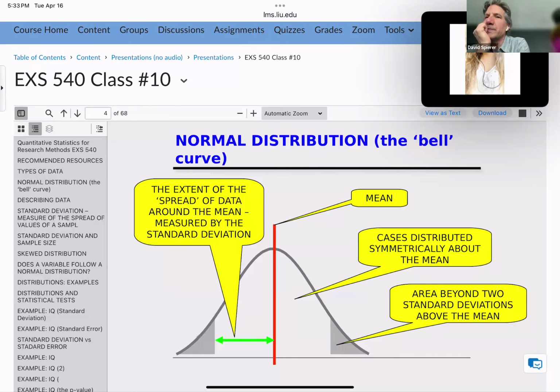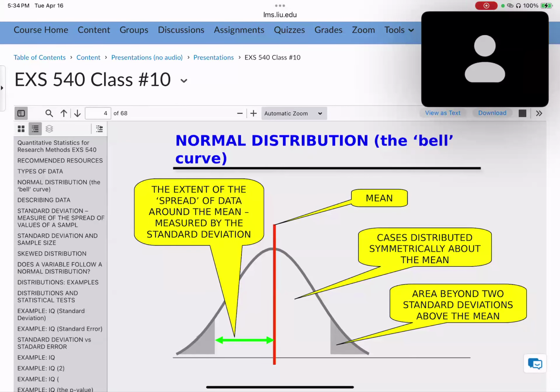Does anyone know? Want to take a guess? Can you repeat the question? Yeah, what would we see on this axis? What would be over here?